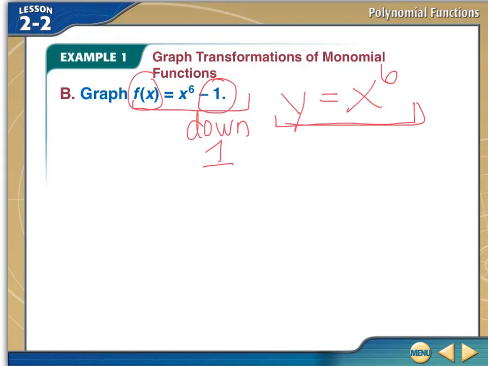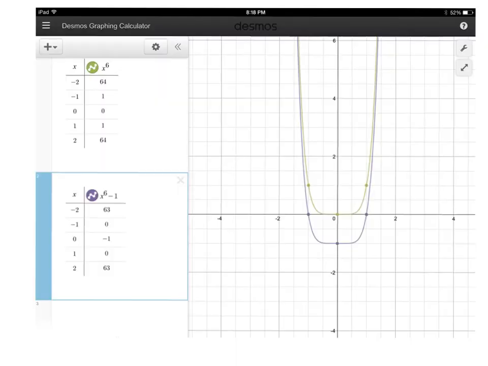I'm going to graph both these functions on the same window, and we can view and confirm that the translation is 1 unit down. We have graphed x to the 6th, the parent function, in green, and x to the 6 minus 1, in purple.